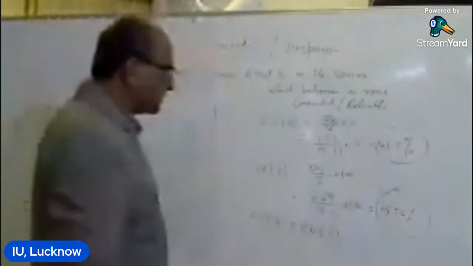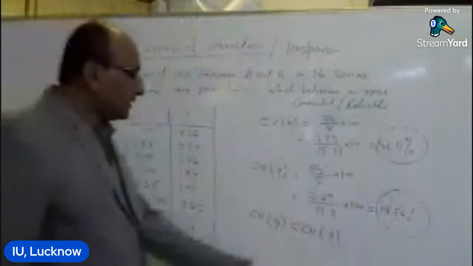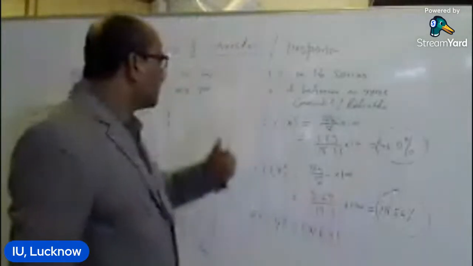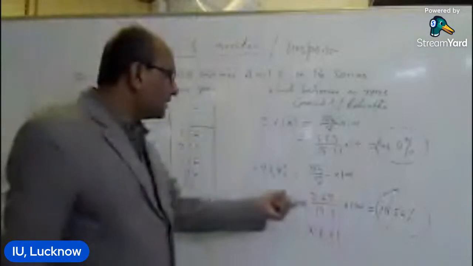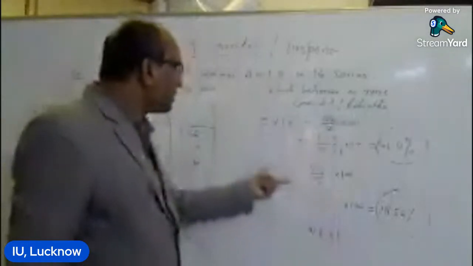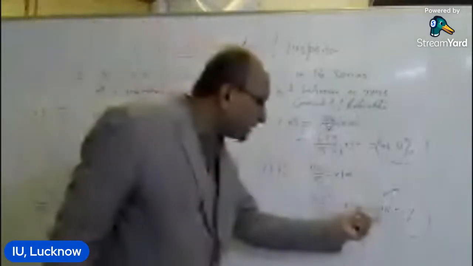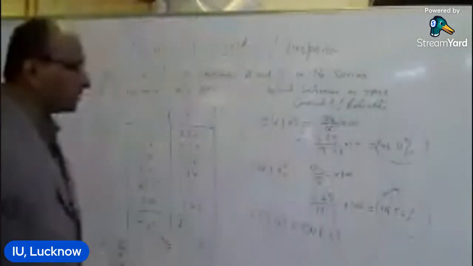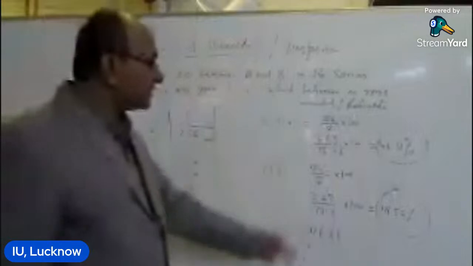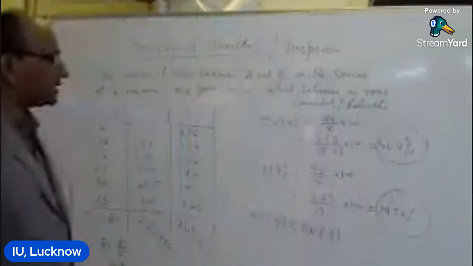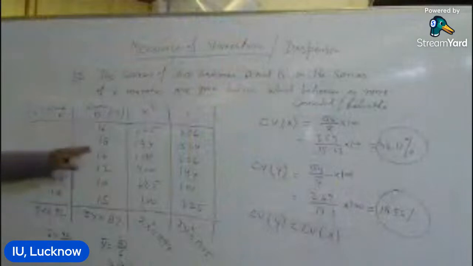So we can say that player B, that is batsman B, is more consistent than player A, because the score of batsman B has less variation. So using this comparative study, we use the coefficient of variation. So you can say batsman B is more consistent than player A.